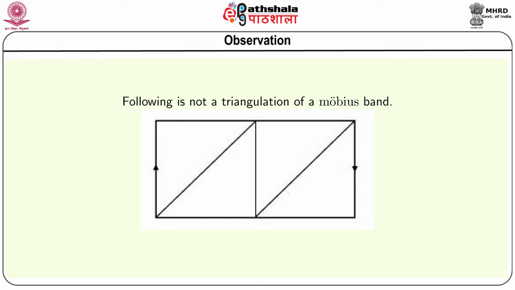Thereby, what we get is that three geometrically independent points give rise to two distinct hyperplanes of dimension 2 containing all the 3 points, which is a contradiction. So, this cannot be a triangulation of a Mobius band.